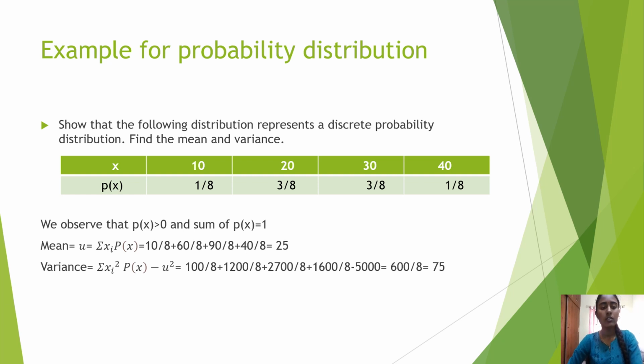To find the mean, the formula is mu equals summation of xi into p of xi. When we apply this, we get the answer 25. And for the variance, the formula is summation of xi square into p of xi minus mu square. When we apply it to this question, the answer will be 75.